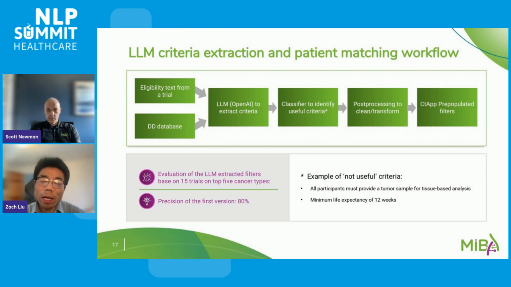The next step is we found that there are dozens of criteria, and many criteria are not addressable or useful. So we built a machine learning classifier to identify those criteria that can be addressed using real world data, and then post-processing to clean and transform data into a format that could be used to pre-populate the filters.